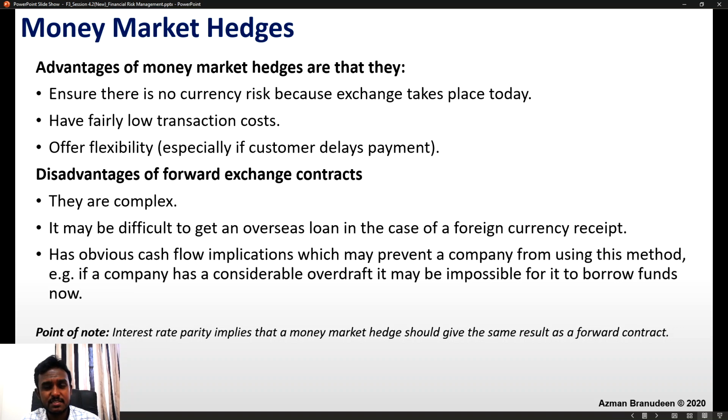Example, if a company has considerable overdraft, then they might not be able to work in the capital markets. They might really not have a lot of access to capital funding in the capital markets. It might be very difficult to go and ask a bank to lend you some money. That is what it means.